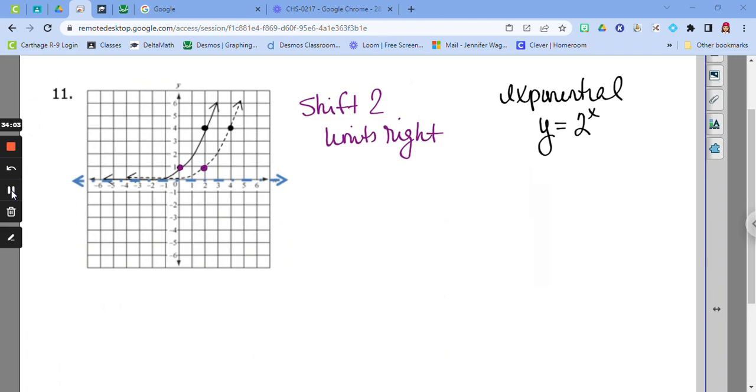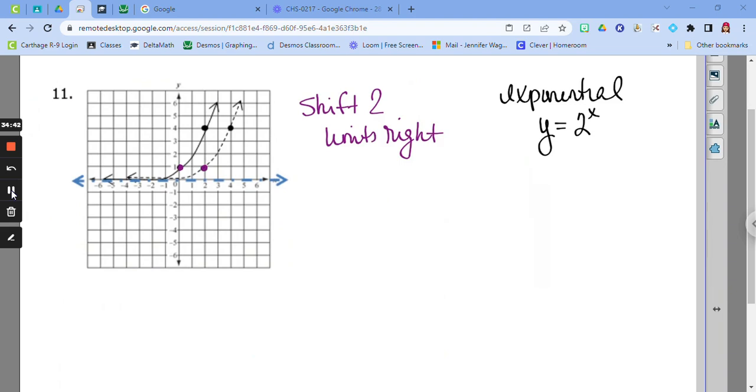In this case, the base is 2. So anything to the 0 power is 1. However, 2 squared is 4. So when we're looking at these, figuring out what your base is, the exponential can be a little difficult to work with because y equals 3 to the x is a parent function.